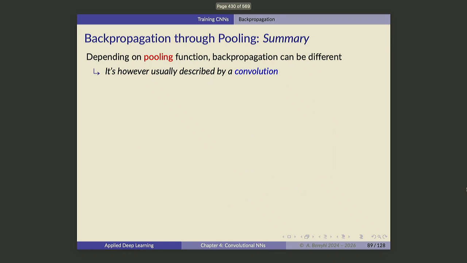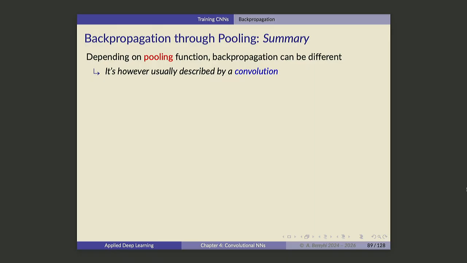Okay. So that's it. When you are doing pooling, in the forward pass, as we talked about, pooling is a form of simple convolution, right? And when you are going backward, you are again doing convolution. Before, you get your filter, you convolve it with the input, right? Now you get the filter, you convolve it with the gradient of the output, and then you get the gradient of the input.